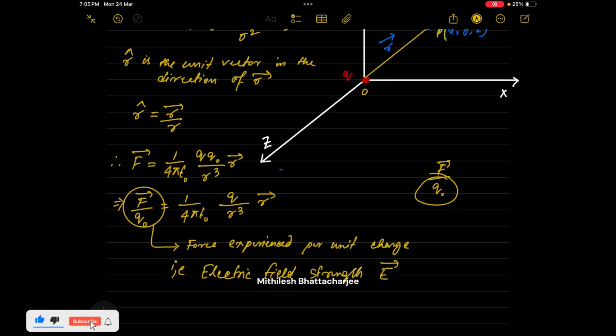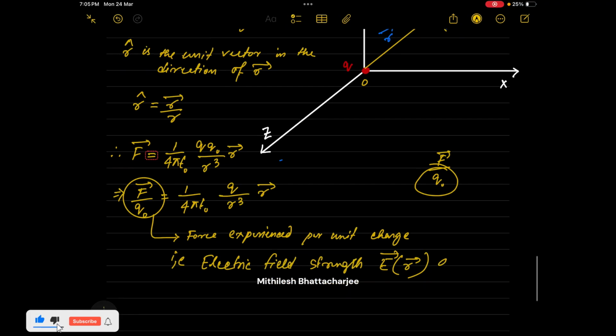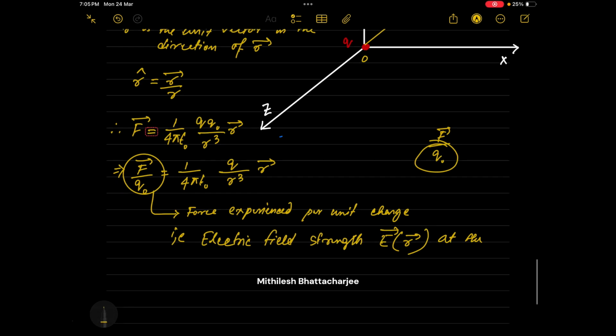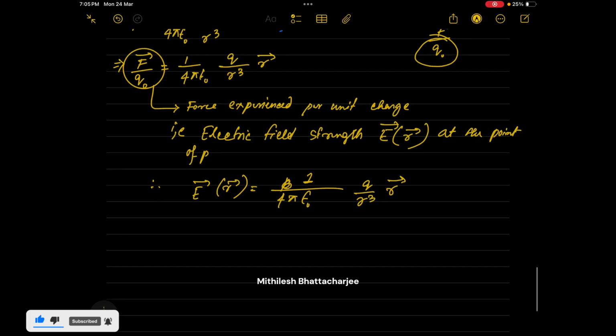So we can write this as E, at the distance of r vector, that is, at the point P. Therefore, E is equal to 1 by 4 pi epsilon naught Q by r cube into r vector.